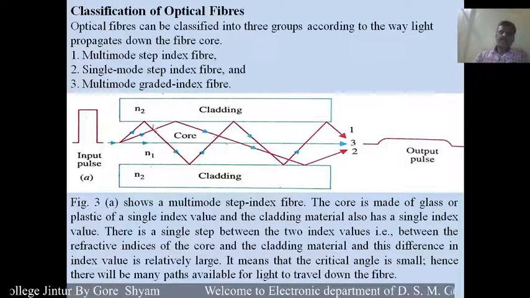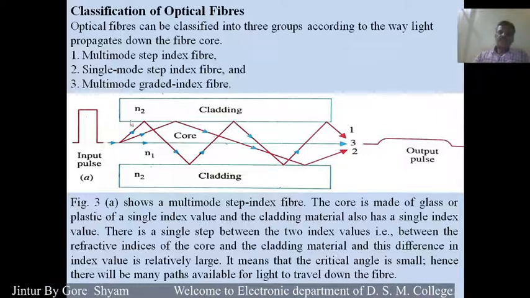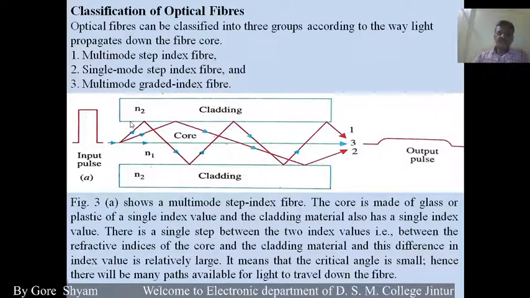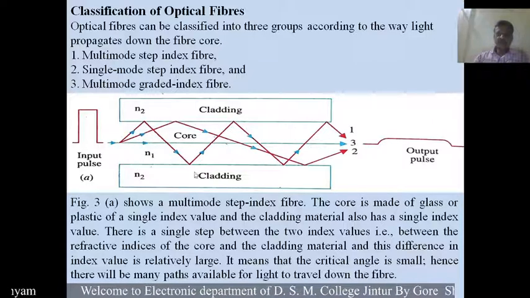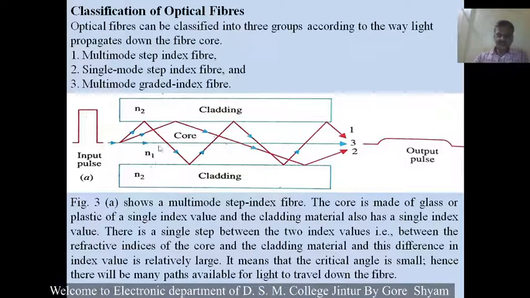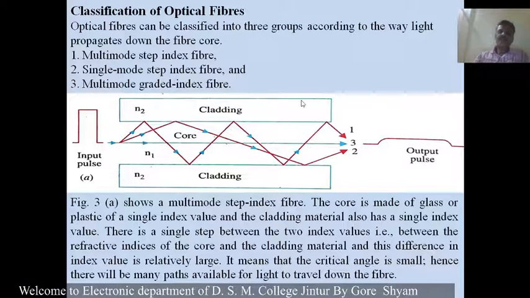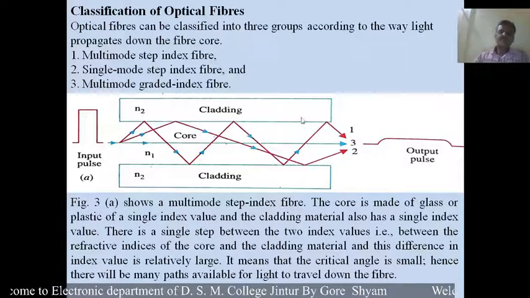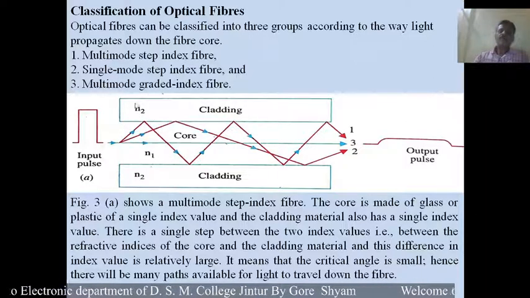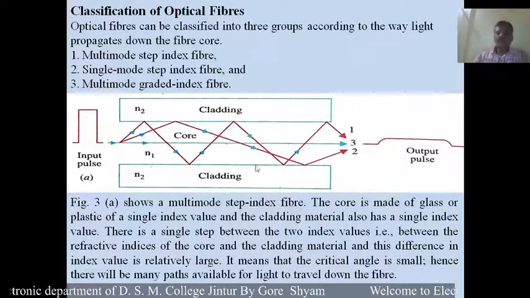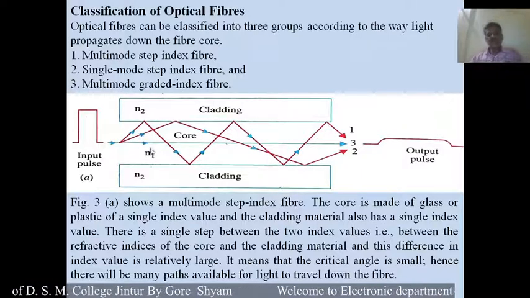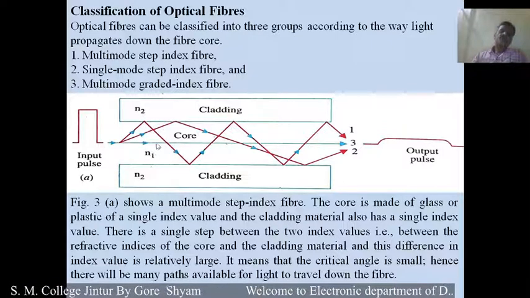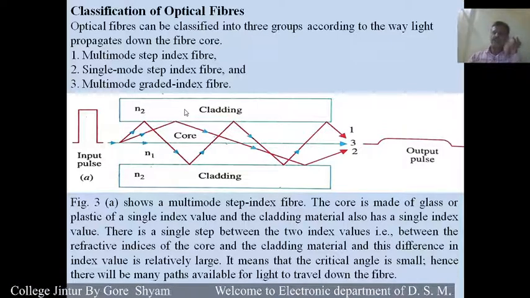So remember that here the core is from this point to this point, and the refractive index of the core is equal to n1, the same throughout. And this is the cladding. Cladding is nothing but the protective cover for this core, and the refractive index of the cladding is different. Actually here the refractive index of the core is higher than the refractive index of the cladding.